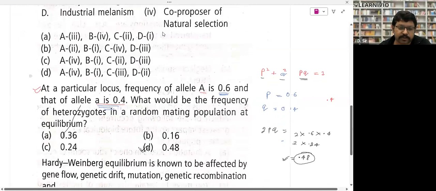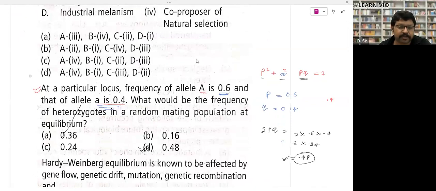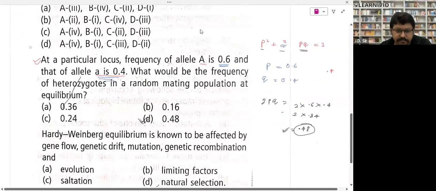Now there is a question. This question is from a previous year question paper, right? That's why I'm solving the question over here. Question was: at a particular locus, the frequency of allele A is 0.6. When I talk about the frequency of capital A, this is talking about a dominant gene, right?